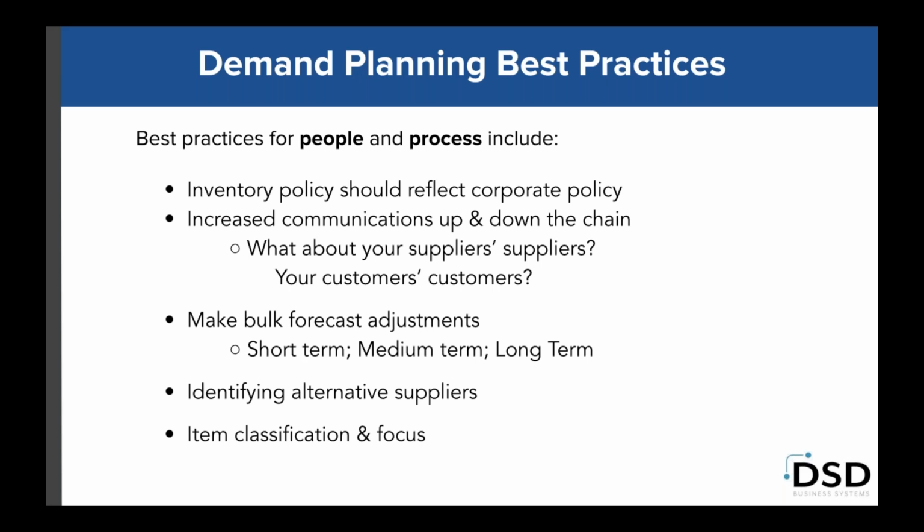And then the last thing I'd mention here from a best practice is just being able to really understand the nature of the items in your inventory, right? How important are they? What are their margins? Which customers are these items critical to? Really allowing you to focus on the most important items, the most profitable and impactful items in your inventory.